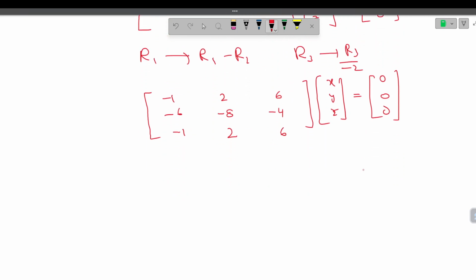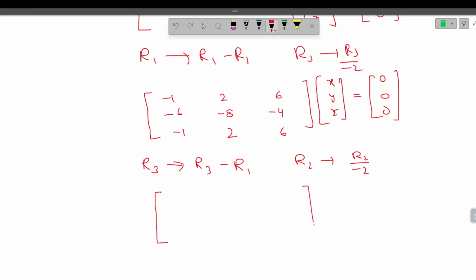Now what I am doing is R3 implies R3 minus R1, and R2 implies R2 by minus 2.